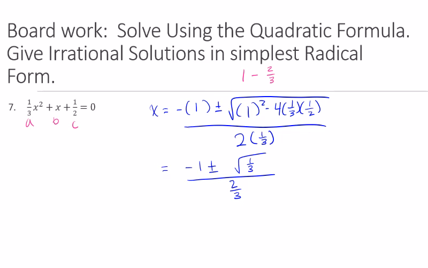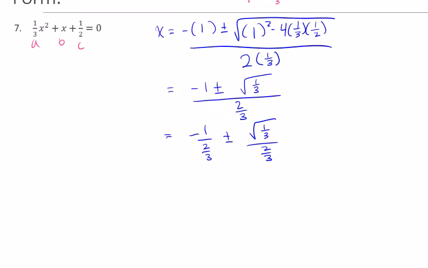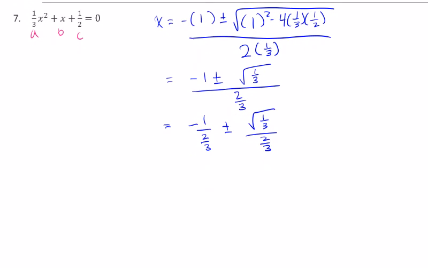All right. So let me break this up to simplify. Might be a little easier. So I have -1 over 2/3 plus or minus the square root of 1/3 all over 2/3. Okay. So then in the first spot here, -1 over 2/3, that's the same as multiplying -1 by the reciprocal of 2/3, right?